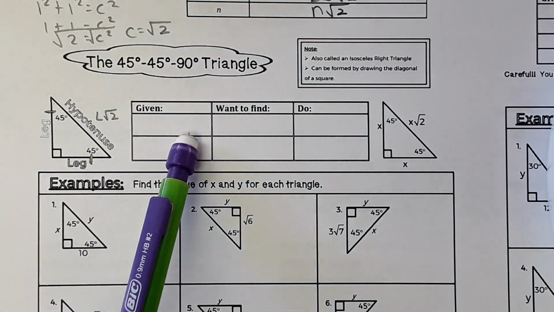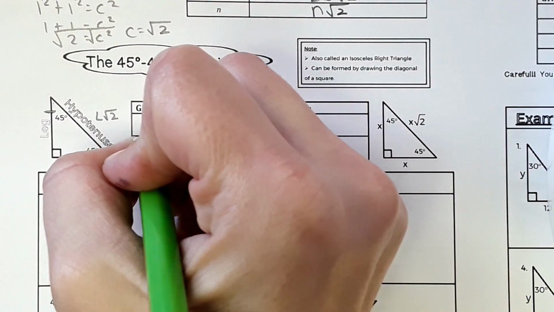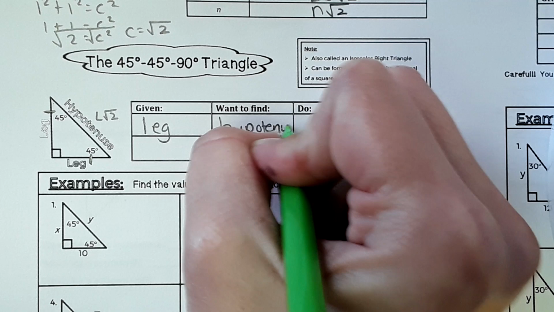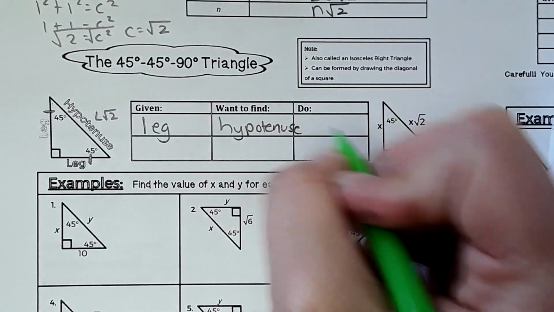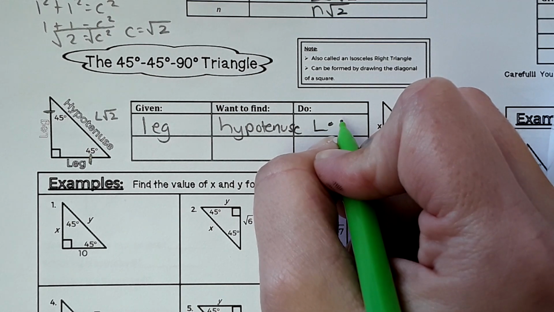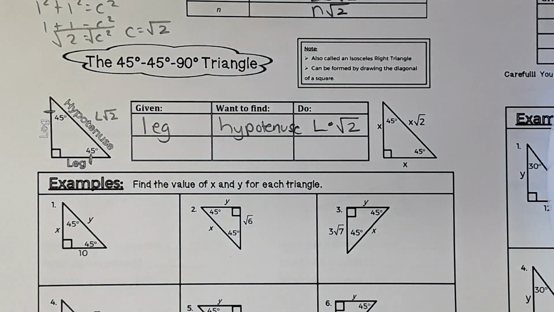Okay, so we're going to fill in this chart. This chart might help you through the problems. In the chart, if you were given the leg length and you want to find the hypotenuse, you would have to take the leg and multiply it by square root of 2.